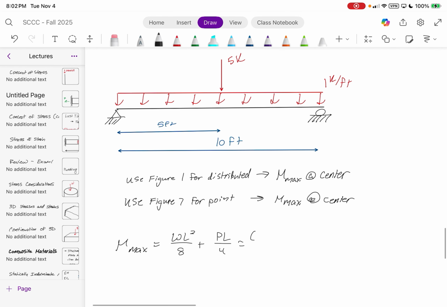Which, when you plug these in, 1 kip per foot times the full length of the beam, 10 feet, squared divided by 8 plus 5 kips times 10 feet divided by 4.